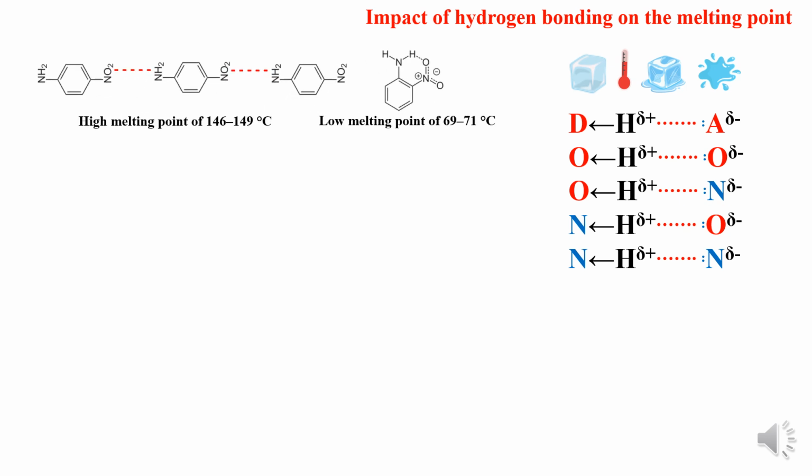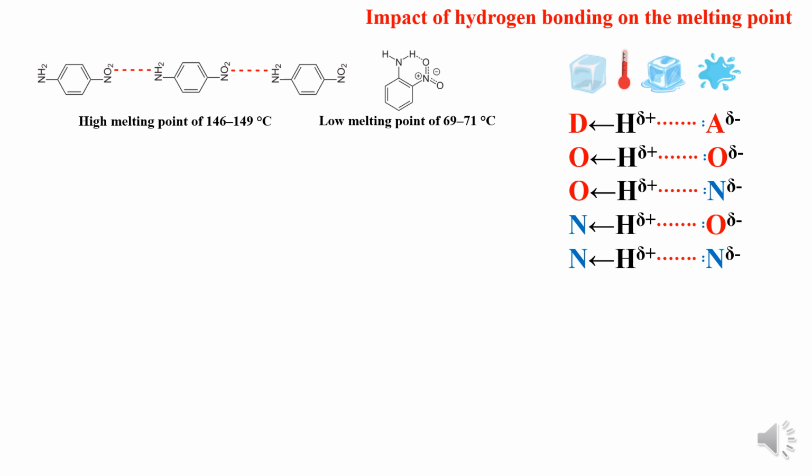Now in case of para-nitroaniline, you will find a high melting point range of 146 to 149 degrees Celsius, while in case of ortho-nitroaniline, you will find a low melting point of 69 to 71 degrees Celsius.